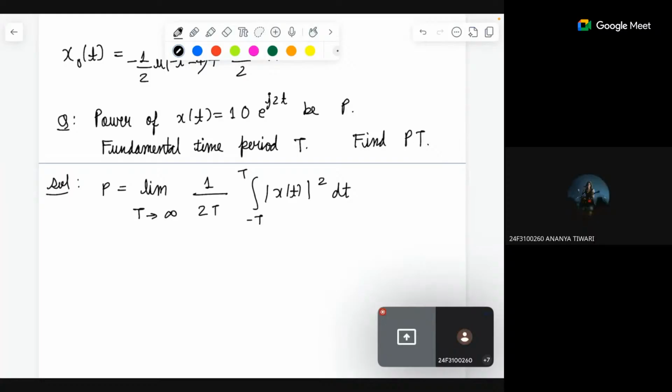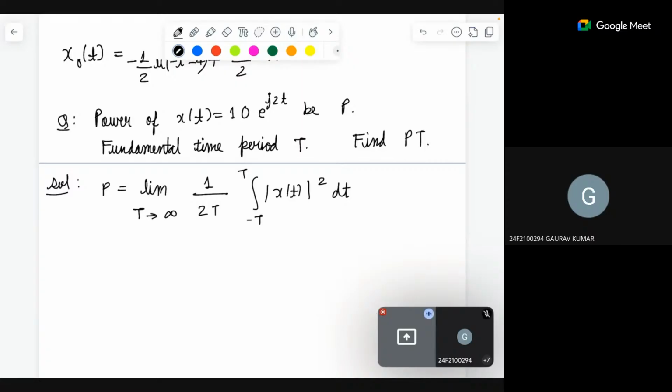Ma'am, infinity. Power you're getting as infinity? Power is not infinity. If you see this signal e raised to the power of j2t, it is a periodic signal, so it will have a finite power. Ma'am, its fundamental period is I think pi. Yes.